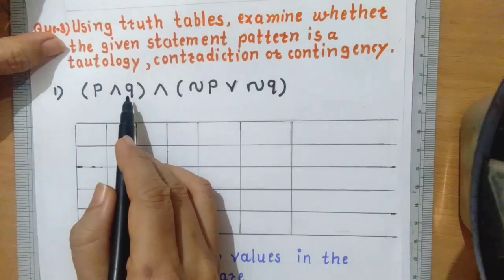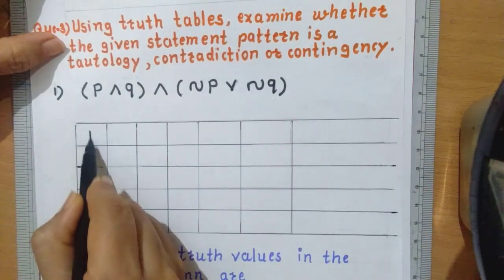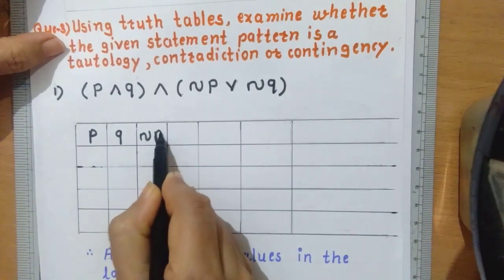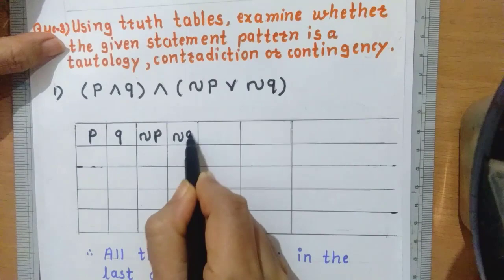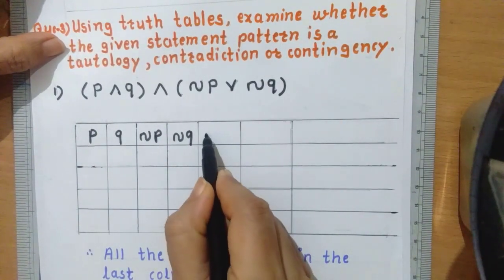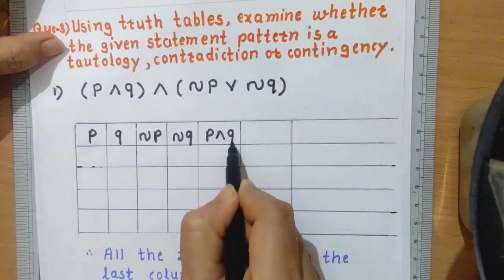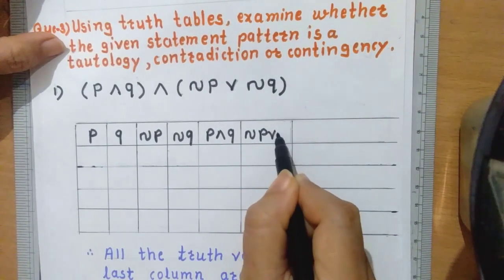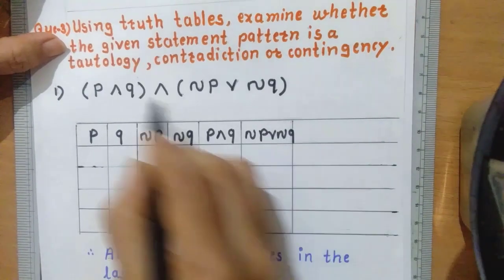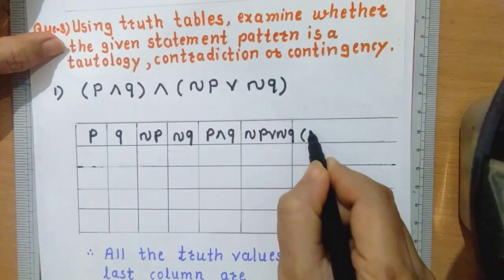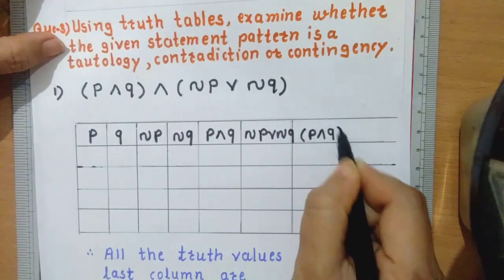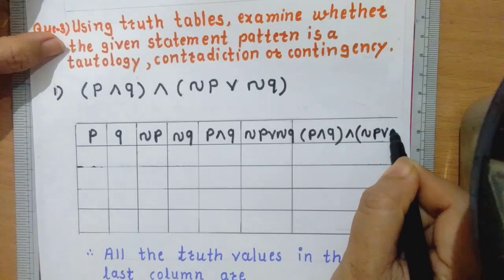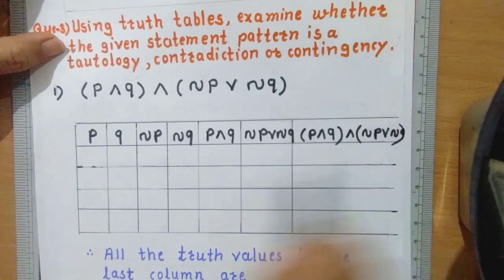Here we can observe only two statements, P, Q, then negation P, negation Q. Then we will take first P conjunction Q, then the second bracket, negation P disjunction negation Q, and last one this whole, that means P conjunction Q conjunction negation P disjunction negation Q.